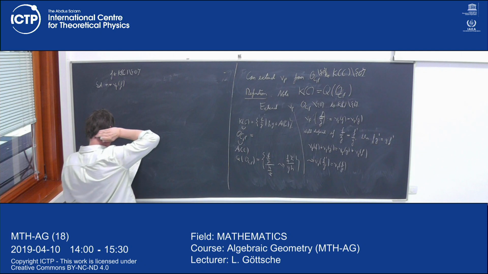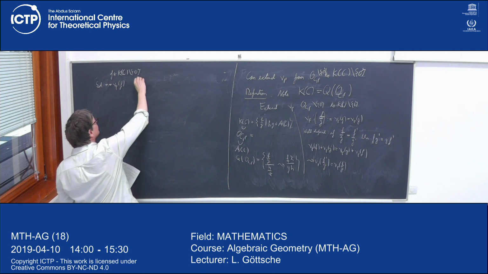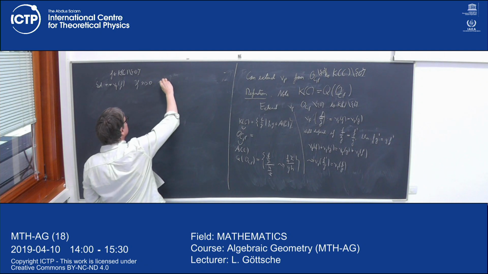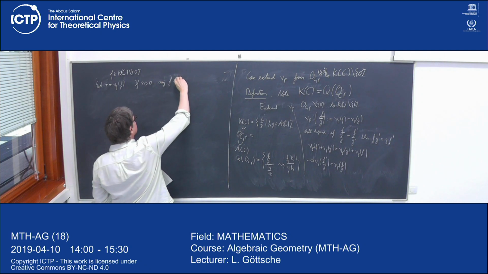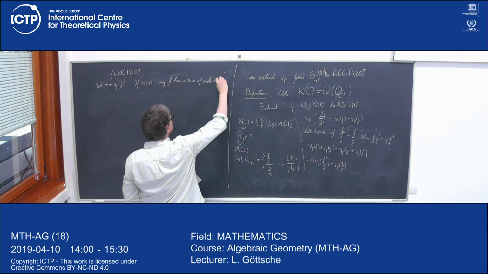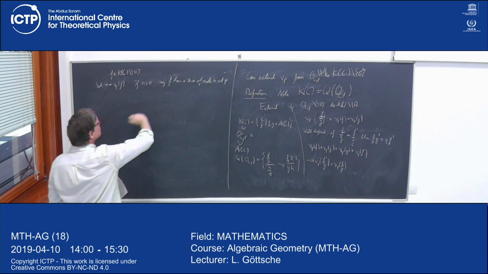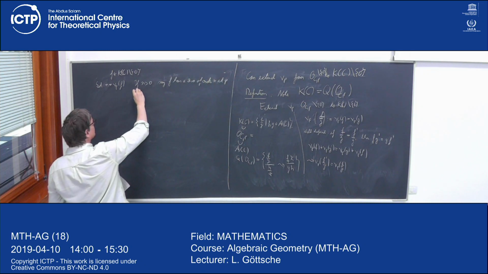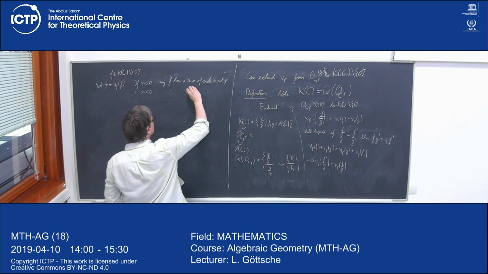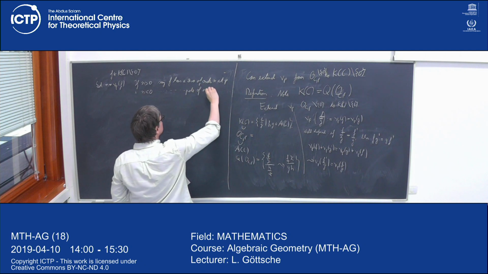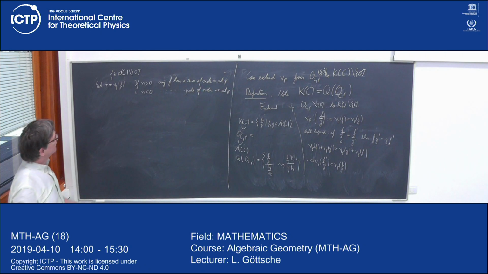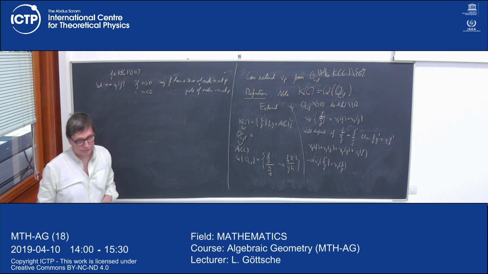If n is bigger than 0, we say F has a zero of order n at P. If n is smaller than 0, we say F has a pole of order minus n at P, which is now a positive number. And if n is equal to 0, then it has neither pole nor zero.